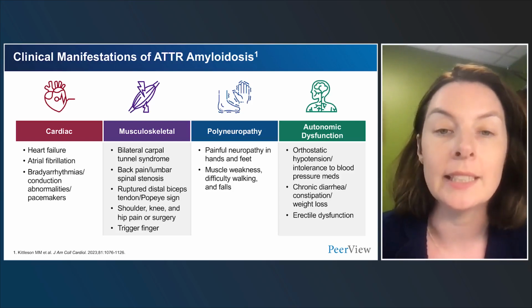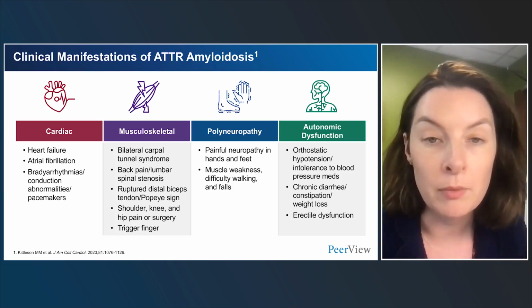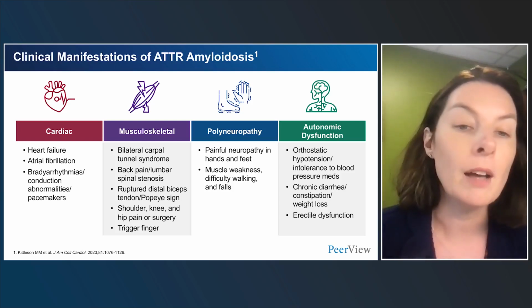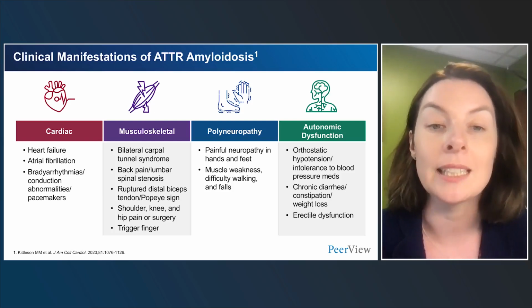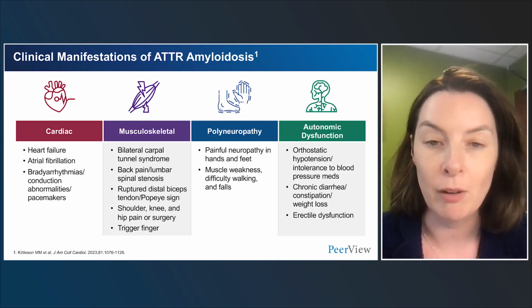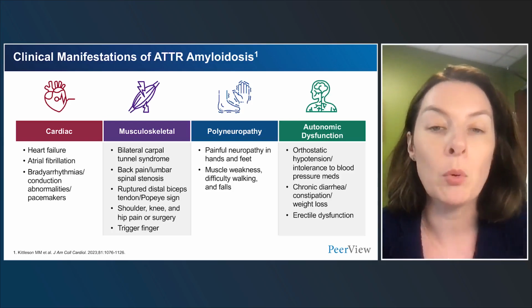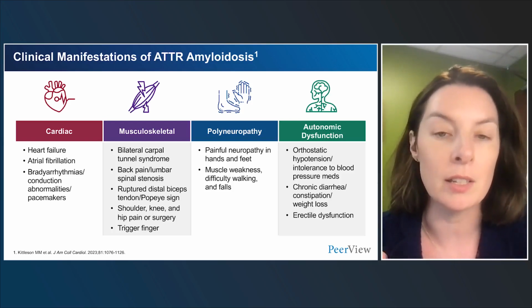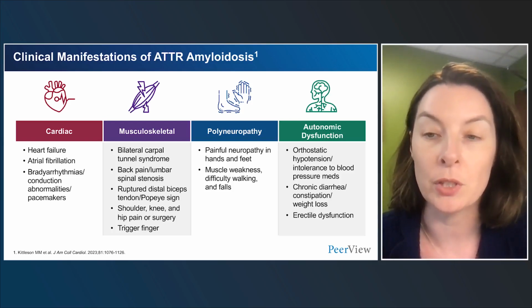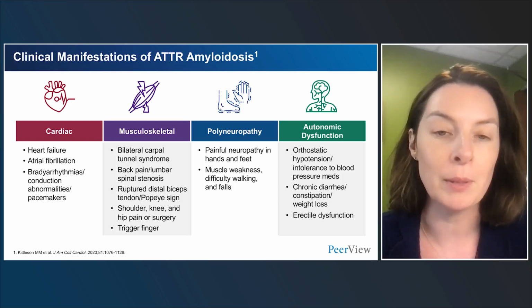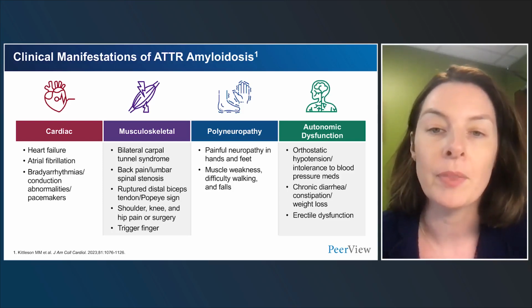Polyneuropathy, we generally say, is due to the hereditary form of ATTR amyloidosis, but often some of these musculoskeletal issues can cause a compressive neuropathy as well. So it's just very important to ask about neuropathy when you've got a suspicion for cardiac amyloidosis. Or if you've a patient with neuropathy, it's definitely something to think of.